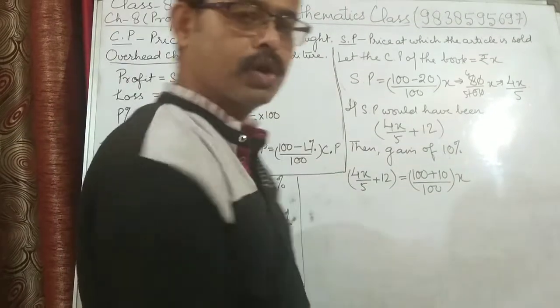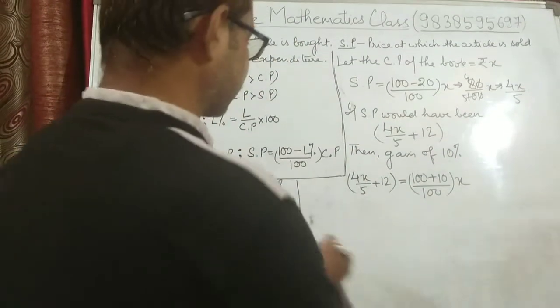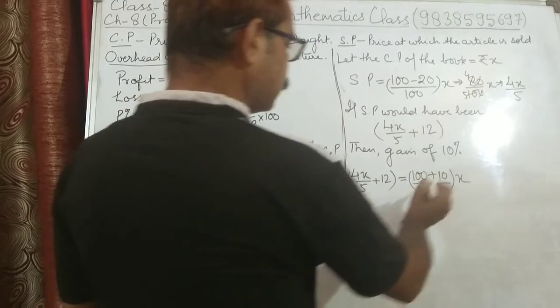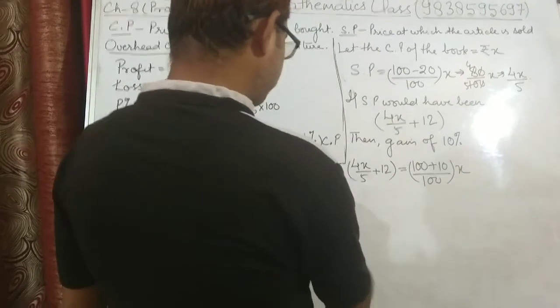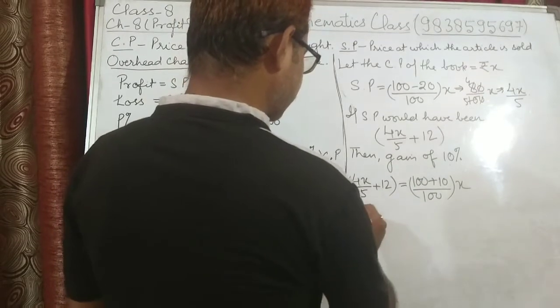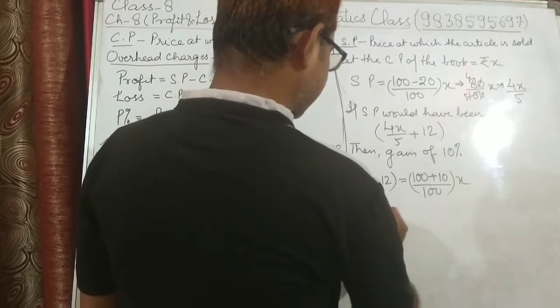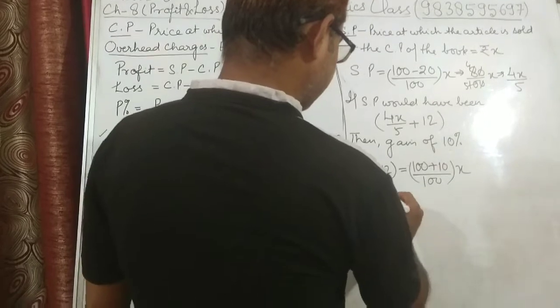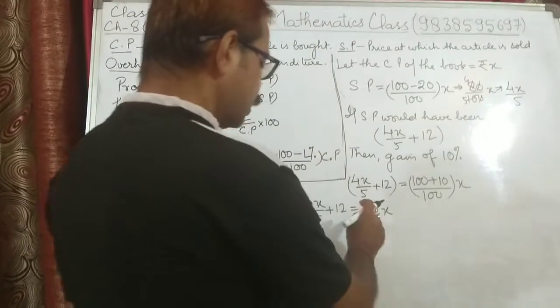Now we only have to solve it and find the value of X. So this will be 4X upon 5 plus 12 is equal to 110 upon 100 X. 0 and 0 cancel.